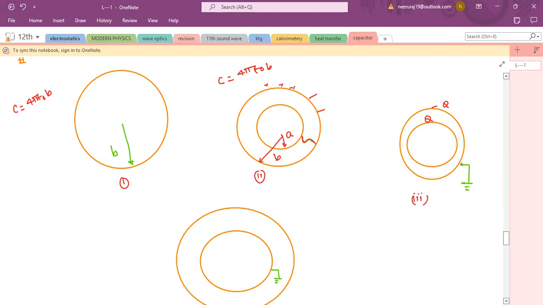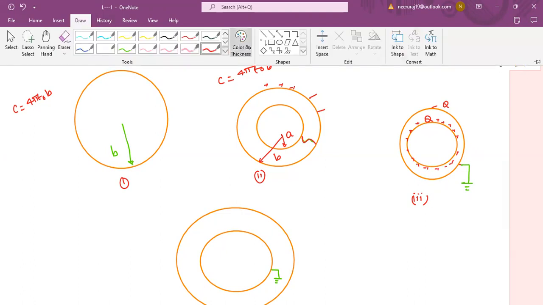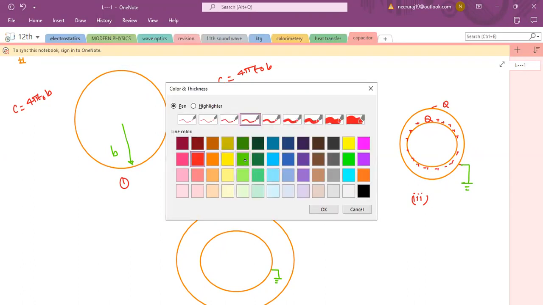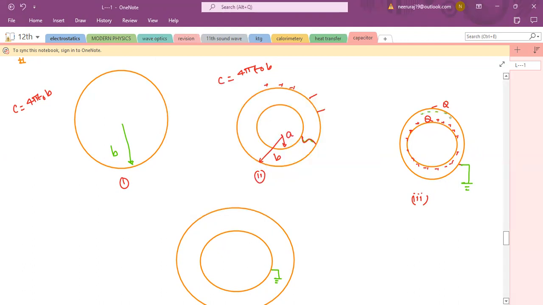In this scenario, when the outer plate is grounded, all the plus charge is going to come on the inner plate, on this surface. And your minus charge, this redistribution you have done, you can recheck it by yourself.